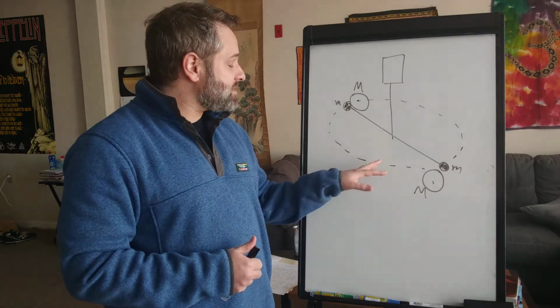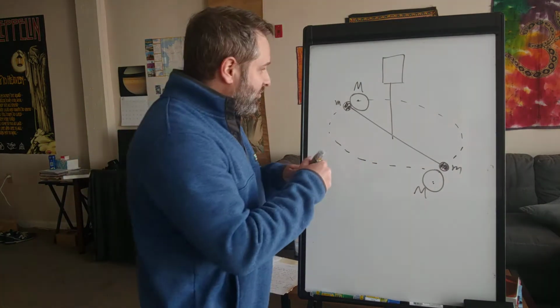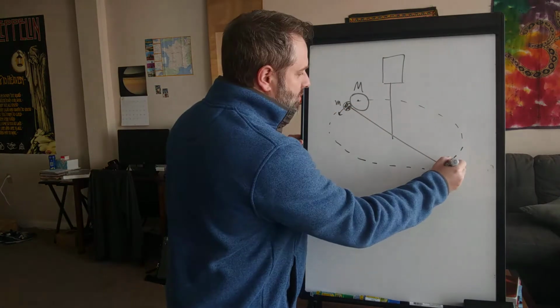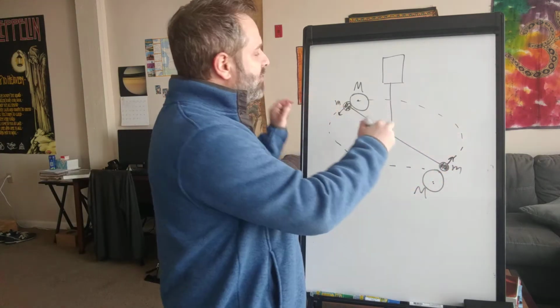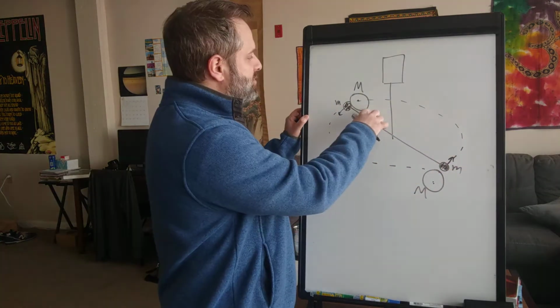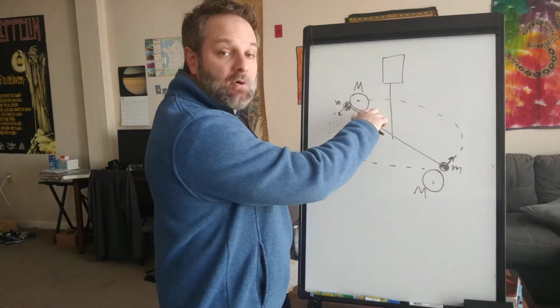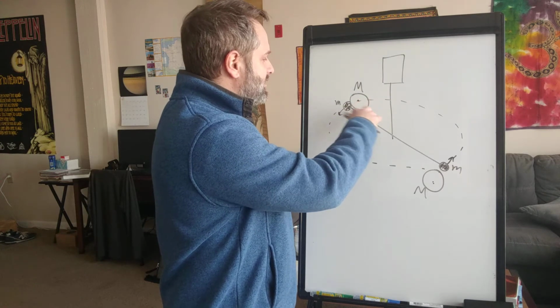Now when it's at rest, the torsion force wants it to start twisting this way, but the gravitational attraction between this large mass and this small mass is enough to cancel out that torsion force.